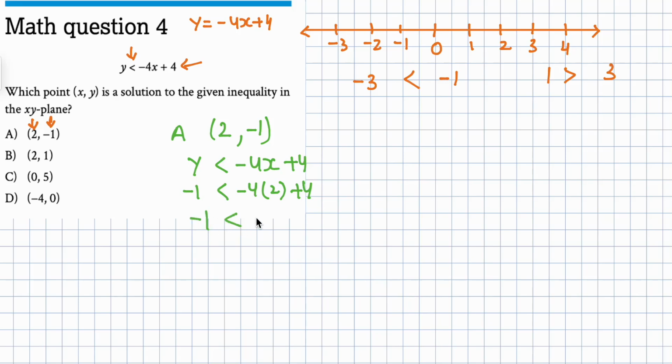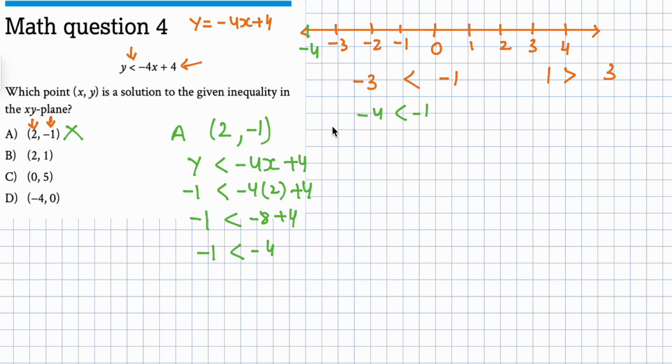So negative 1 is less than negative 8 plus 4, which is negative 4. Now negative 4 is here and negative 1 is on the right hand side. So that means negative 1 is greater than negative 4, but the inequality is saying the opposite. So A coordinate is not satisfying this inequality.